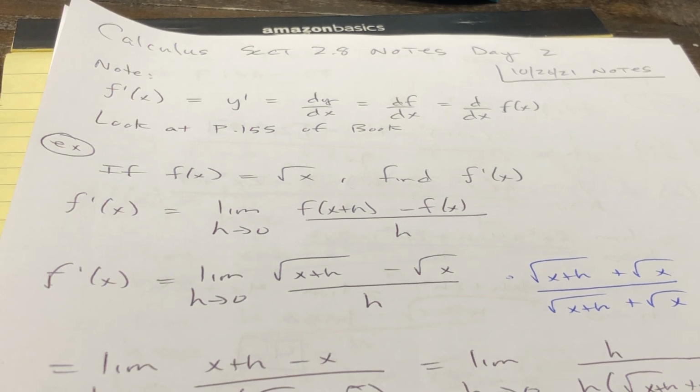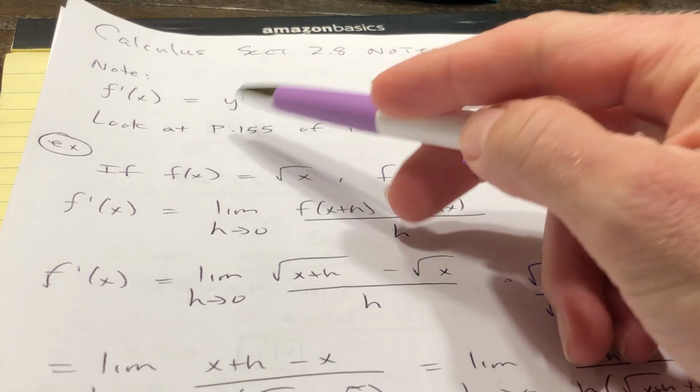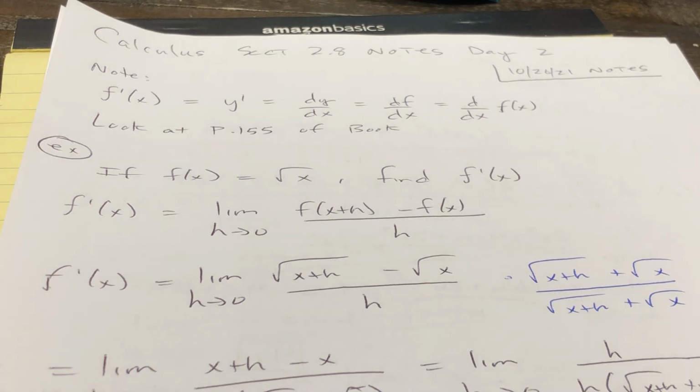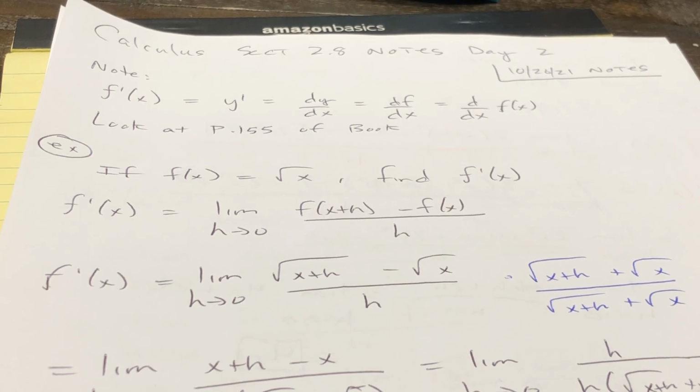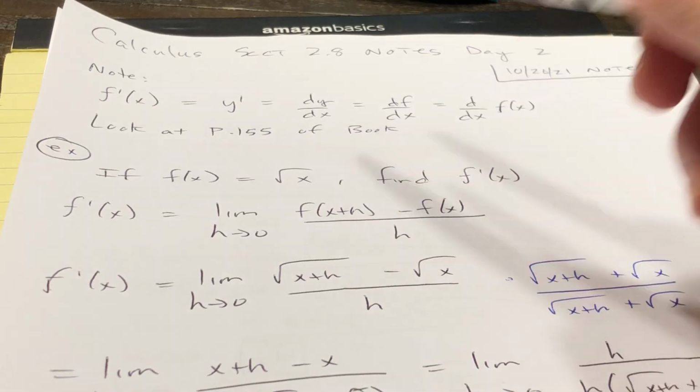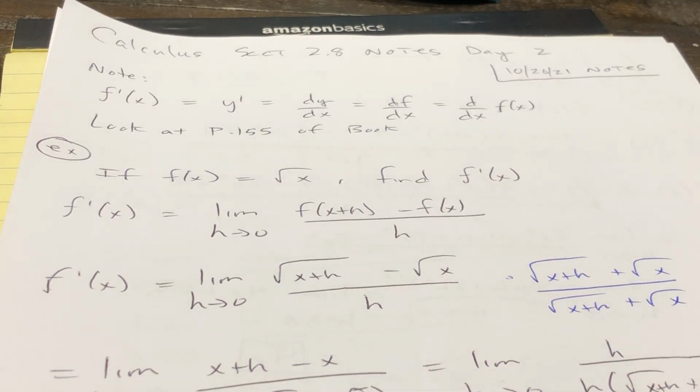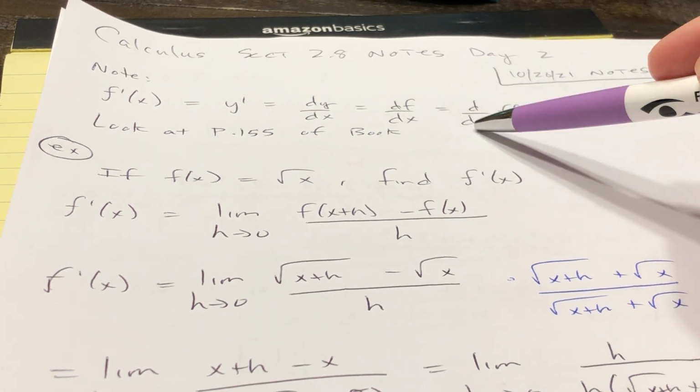Note that f prime of x, the derivative of f, is the same thing as saying y prime. If y equals f of x, then y prime is equal to f prime of x. We'll talk more about that later, especially when we do implicit differentiation, one of the last things we do before the end of the semester. It's also dy over dx, which is also df over dx, which is also d over dx of f of x.